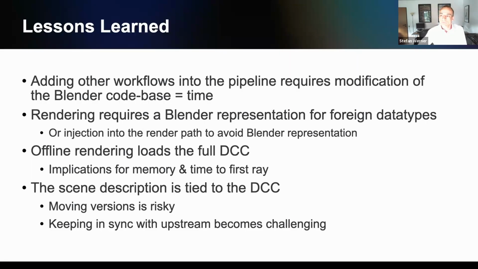So the lessons that we took away from delivering, by now, three shows using such a pipeline is that adding other things costs us time. We needed to change Blender for introducing compatibility without outside tools.